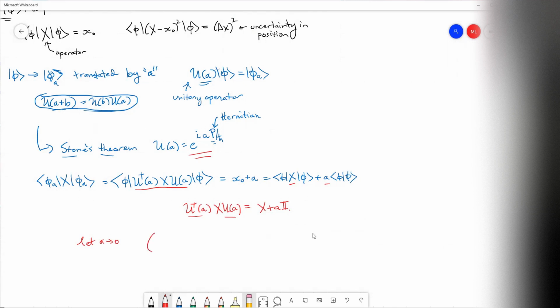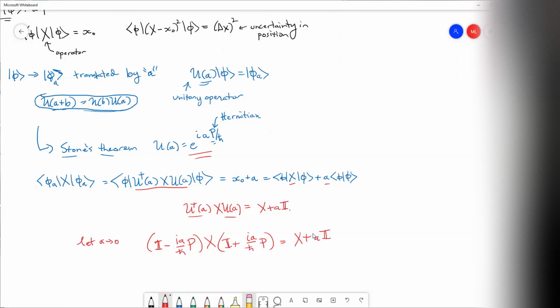The dagger just gives you a minus sign there, so it's 1 minus i a over h bar P. This gives you an X. This gives you, maybe I'll put I for identity, an I plus i a over h bar P. And then this is all equal to X plus a I.